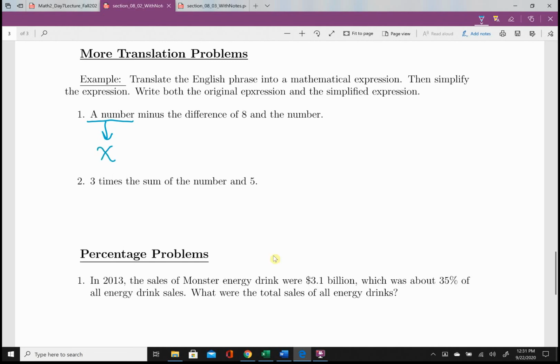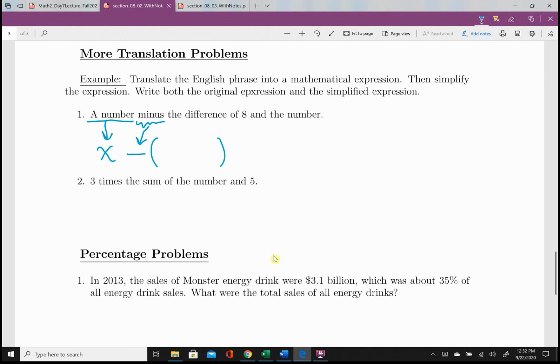A number. Then we're going to subtract, because that keyword of minus alludes to subtraction. And then what are we subtracting? The difference of 8 and a number. So whenever you subtract or add a difference, or you're multiplying by a difference or a sum, you've got to put up some parentheses, okay?